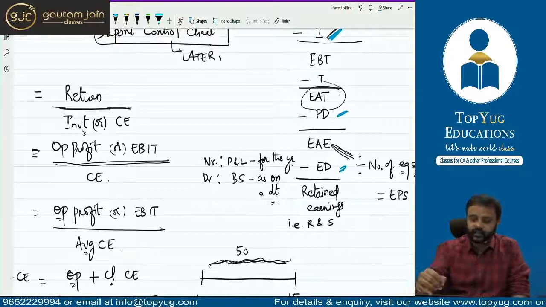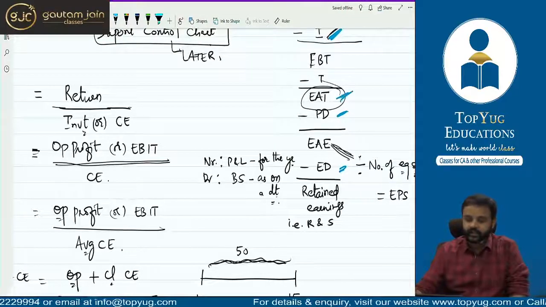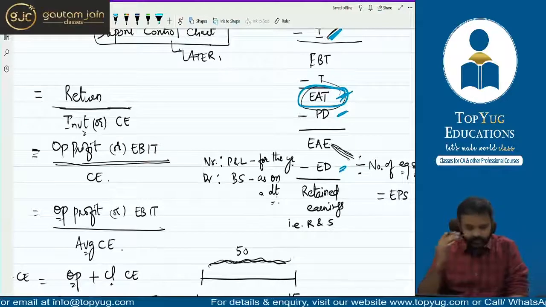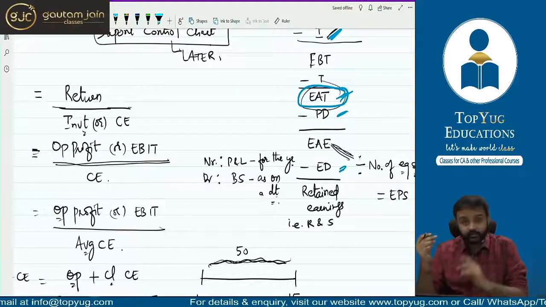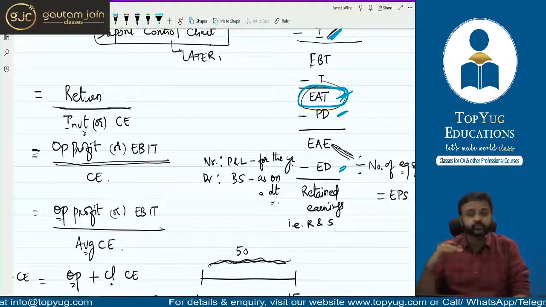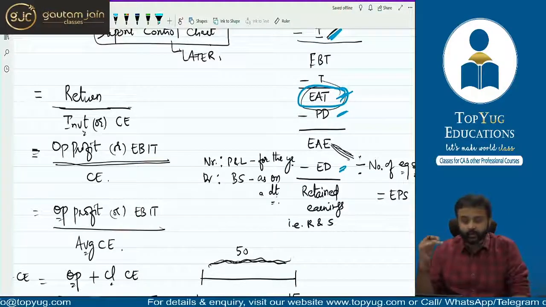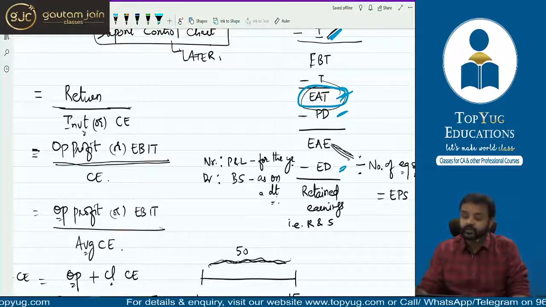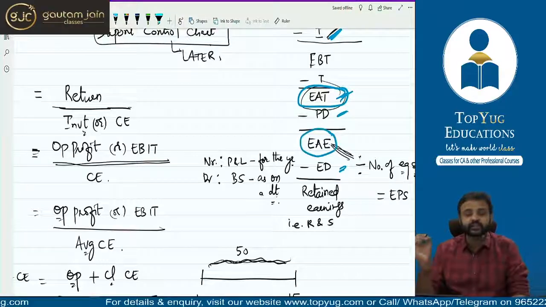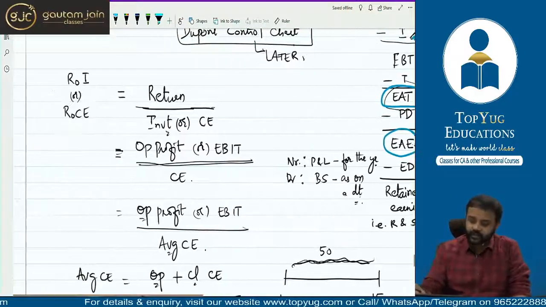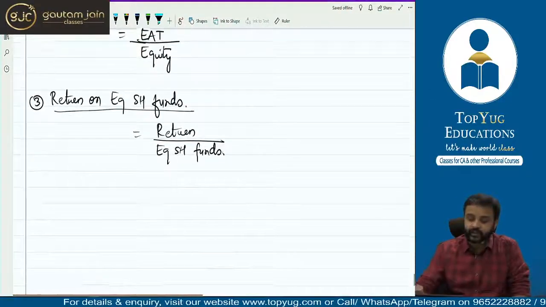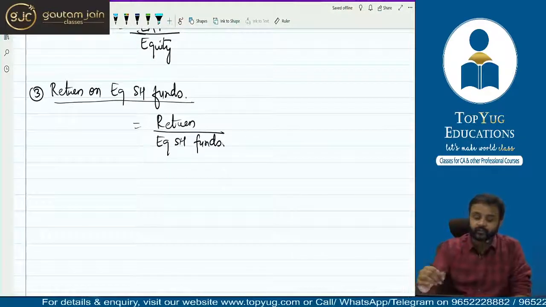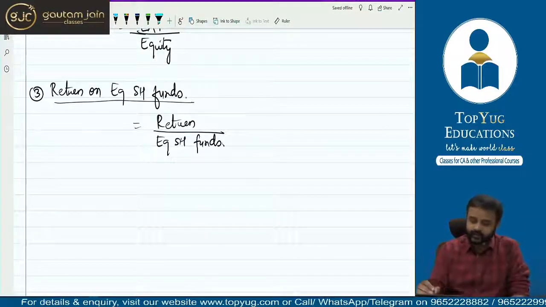See, EAT, subtracted by, we are subtracting the preference dividend from it. Once we pay the preference dividend, whatever profits are there are for equity shareholders. So this is earnings available for equity shareholders. This is the particular profit which we will have to take for equity shareholders funds.